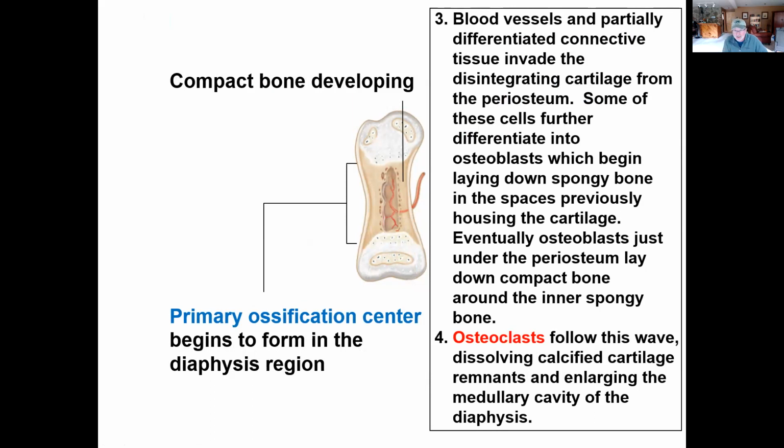And that influx of blood vessels will carry osteoblasts inward, and those osteoblasts are going to occupy where the chondrocytes used to be. And in the same way that the osteoblasts laid down spongy bone in intramembranous ossification, so too will these osteoblasts begin to lay down bone here in the future diaphysis. When the osteoblasts find themselves surrounded by bony matrix that they've in turn produced, they become osteocytes.